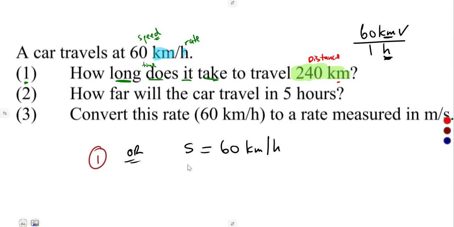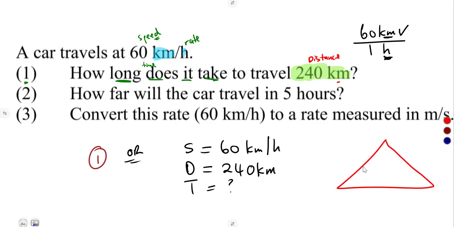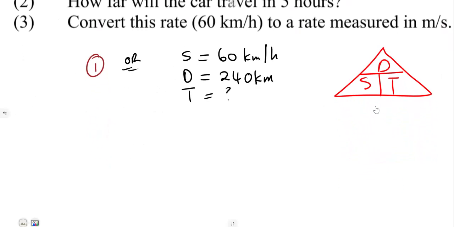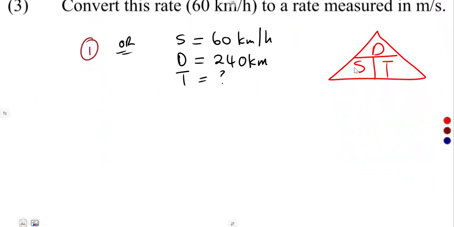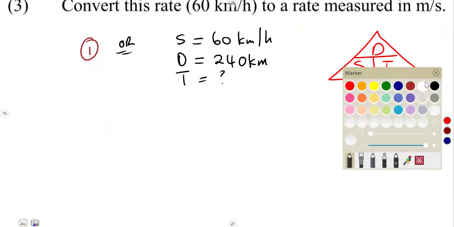Distance is also given, 240 kilometers. What is going to be my time? If I understand it, that means I can simply use my DST diagram to answer it, because I know that I'm asked time. So time is distance over what? Distance over speed, just like that.